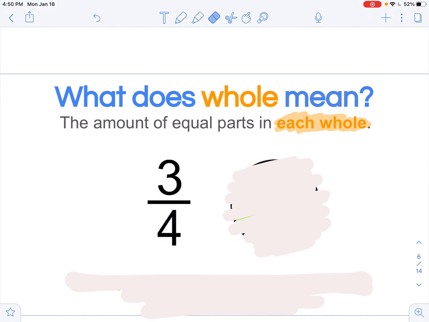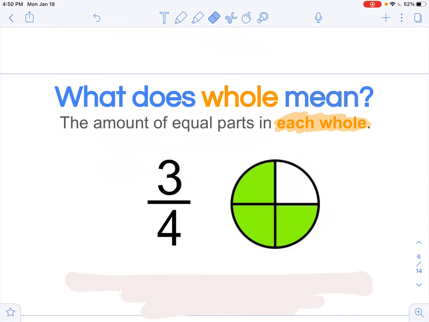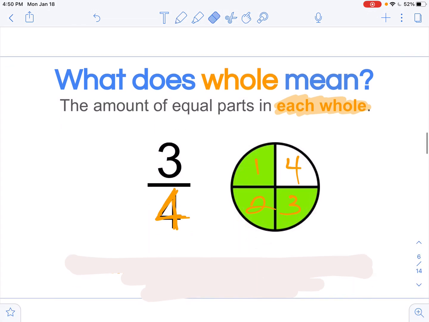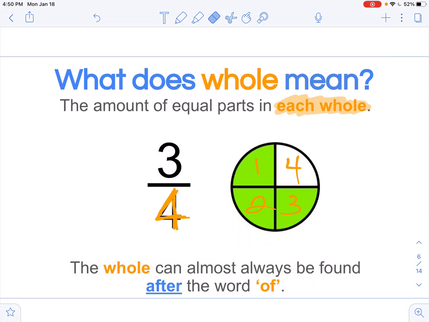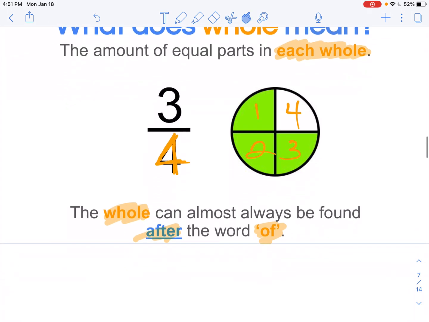So looking back at 3/4, if I'm going to draw 3/4, I would color in 3, but there are actually 4 in the whole circle. So 4 is the denominator, 4 is the whole. The whole can almost always be found after the word of. Almost always. Very rarely is it before the word of.